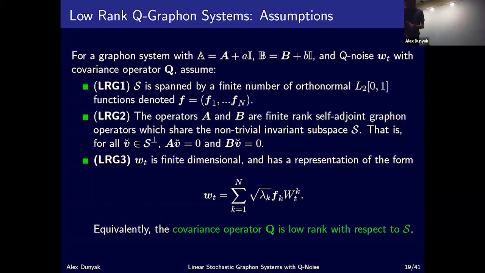Now finally we have an assumption that the Q noise is also finite dimensional, and it also has a representation on the subspace S of this form given here, which is equivalent to the Q operator being low rank with respect to S.